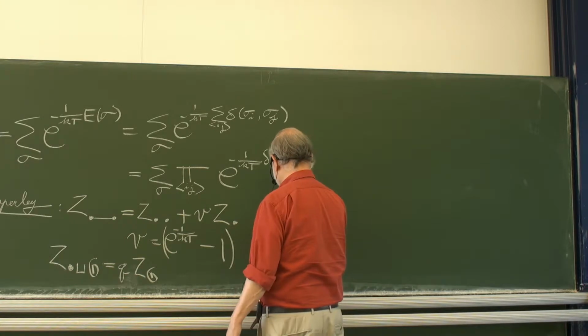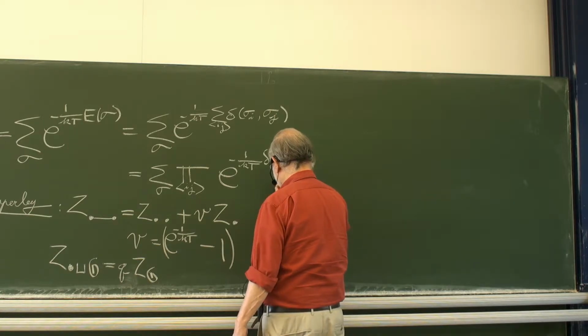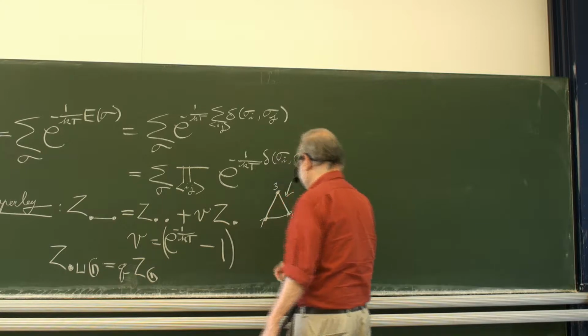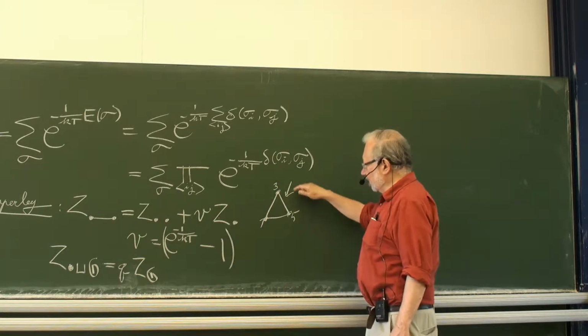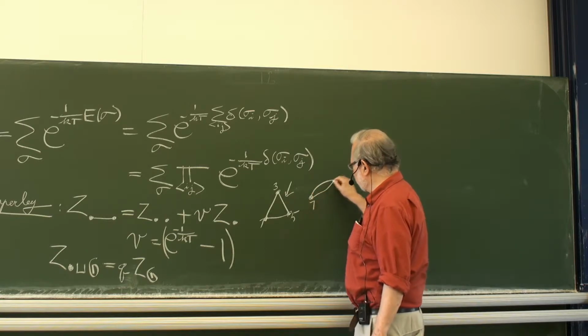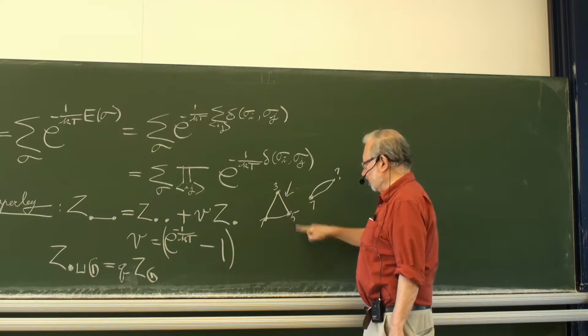Let me draw an example so what I'm saying will be clear. Suppose this is the edge that I'm talking about, and suppose this was assigned 3, and this was assigned 5, and this was assigned 7 from the index set. Well, then, if I form the collapsed graph, I don't have any particular way of assigning a spin there, because I've got a 3 here and a 5 here.